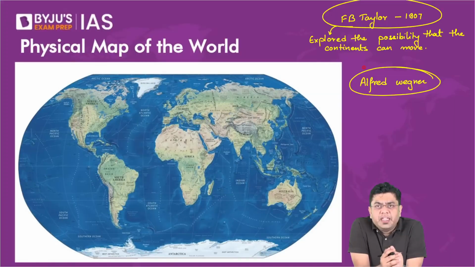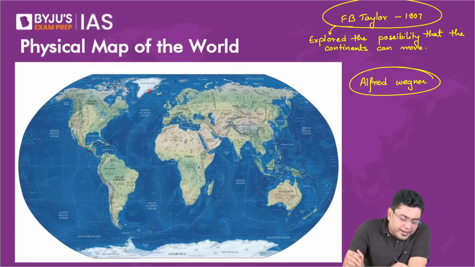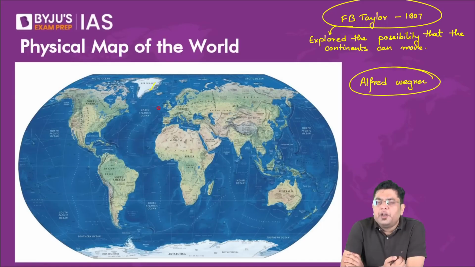He was a climatologist by profession, and his specialty was to study climate change. And Alfred Wagner would often go into the region of Greenland and study the various ice deposits to understand how climate has been changing in the past history of the planet.